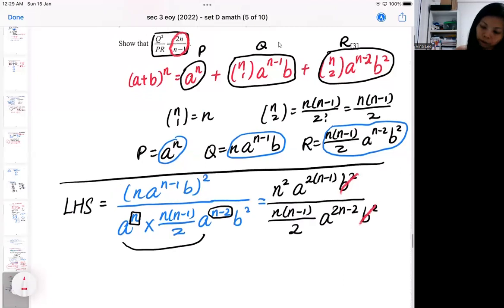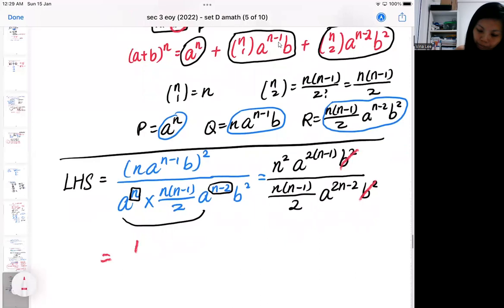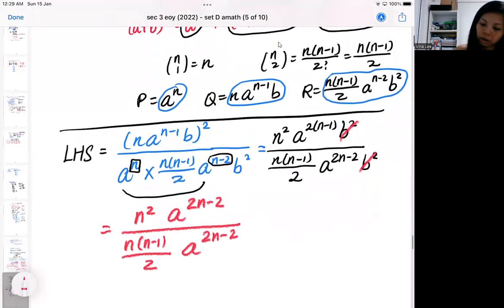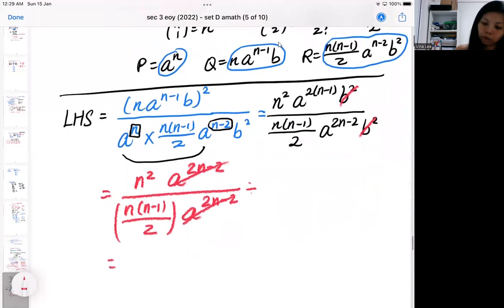Okay, let's try to simplify a bit more. After you cancel the b squared, you realize that this also cancelled. So you are just left with this, which is n squared divided by a fraction.